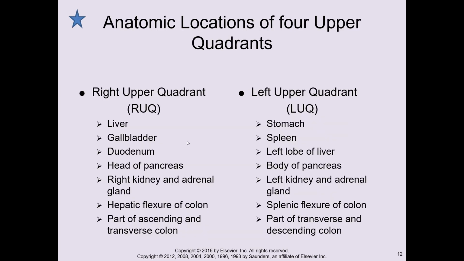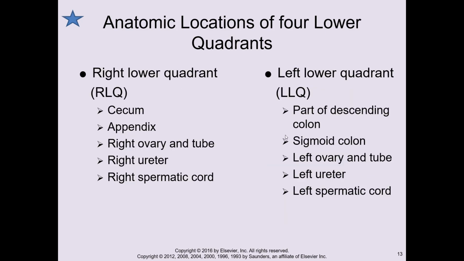You want to know which organs are in the right upper quadrant, which organs are in the left upper quadrant, what is in the right lower quadrant, and what is in the left lower quadrant. You want to know these so that when your patient is complaining about specific pain or discomfort in an area, you can visualize what's going on there and what might be wrong.